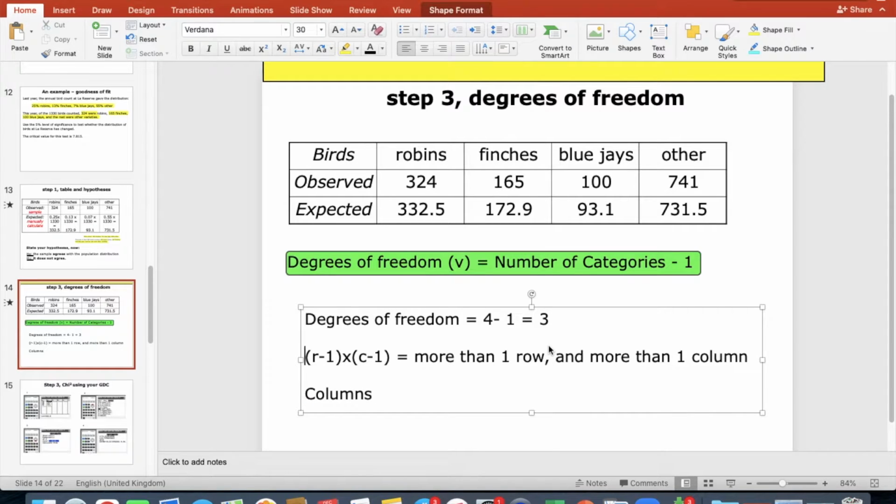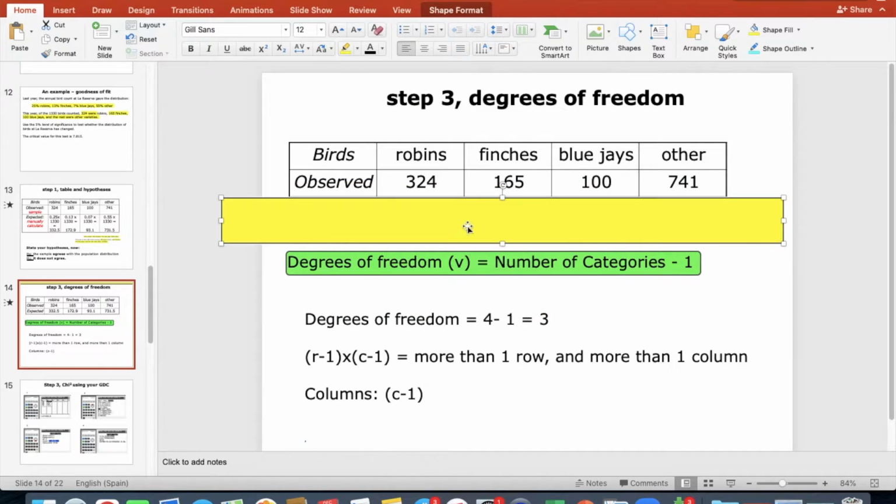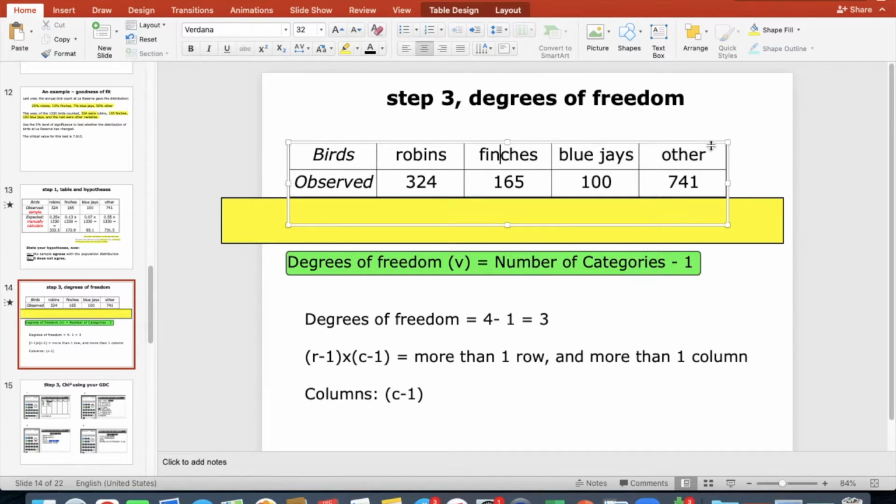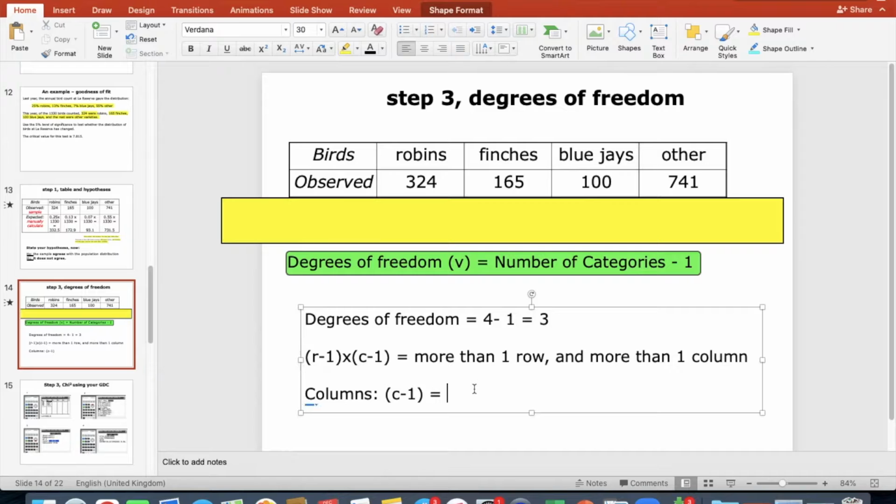So all we're going to do is take the column part of the formula, which is column minus 1, and substitute into that. So focusing on just the observed part of the table, we can see we have 1, 2, 3, 4 columns. So our degrees of freedom are 4 minus 1, which equals 3.